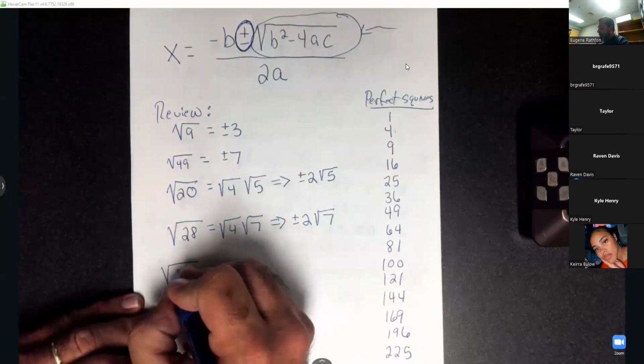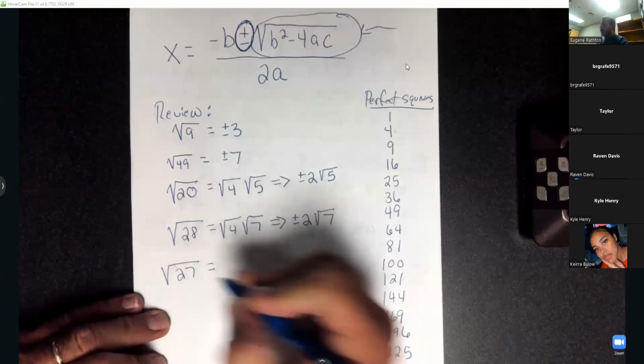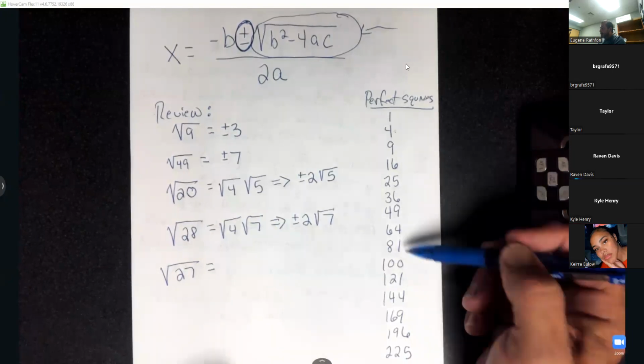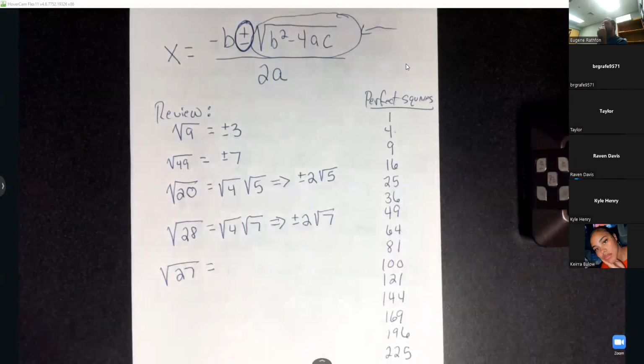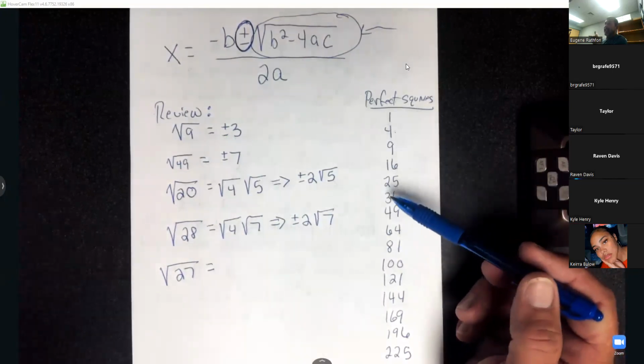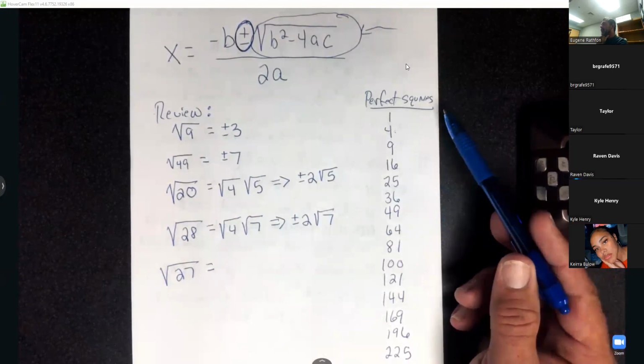What about this one? What about a square root of 27? Well, y'all, 27 isn't in my list. Does 27 have a factor that's a perfect square? And usually I'll just start dividing by these and see if I get good numbers out of it.